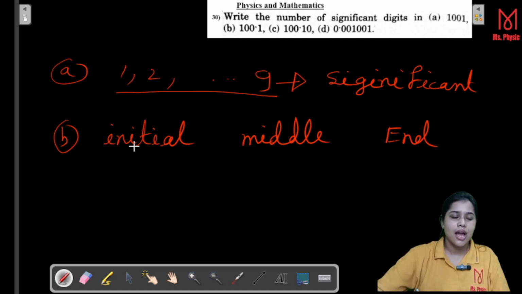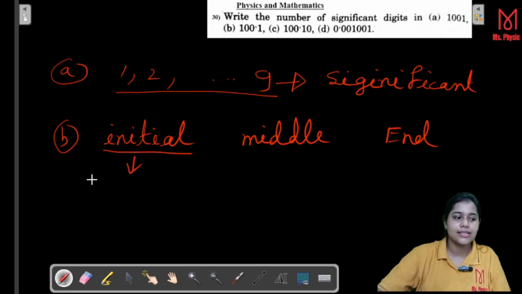Now when zeros are placed at initial, then it is non-significant, it is considered as a non-significant digit.